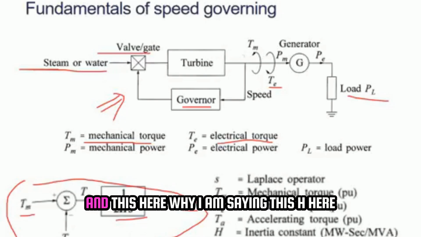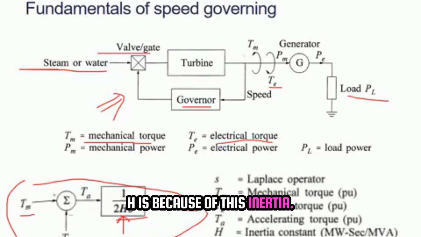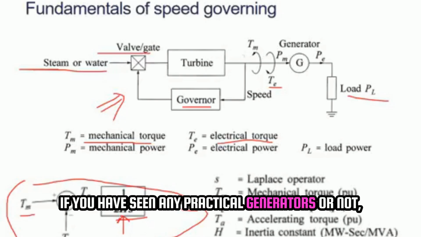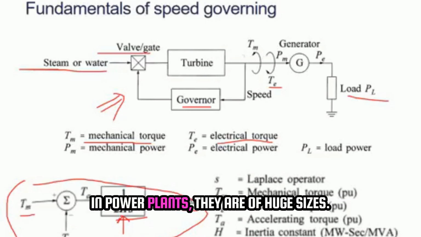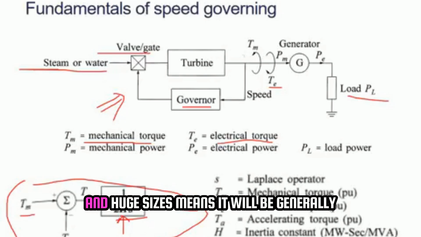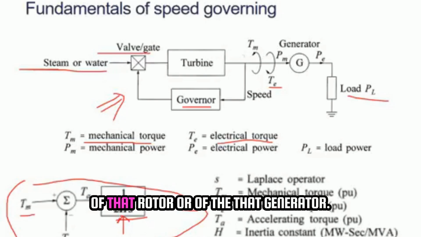And why am I saying H here? H is because of this inertia. If you have seen practical real-time generators in power plants, they are of huge sizes, generally the size of a 3 to 4 floor building in the diameter of the rotor or generator.